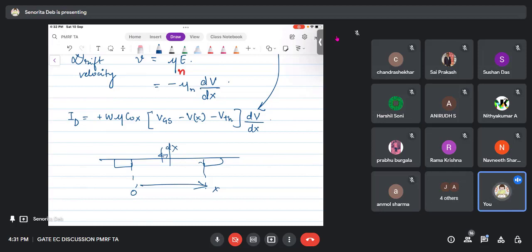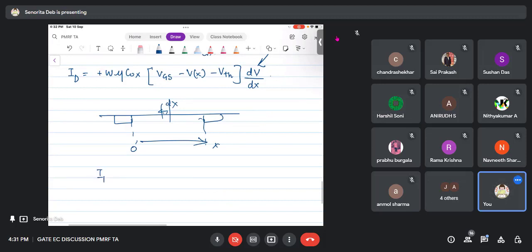So from where to where will I integrate? ID into dx equals W mu COX (VGS minus V of x minus VTH) into dV, and you integrate.